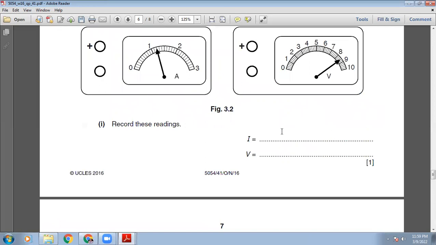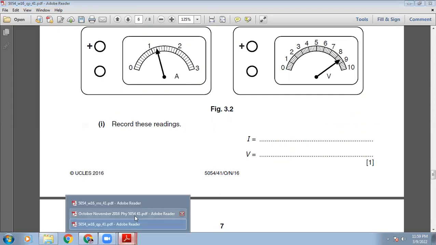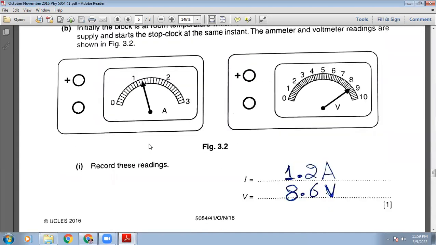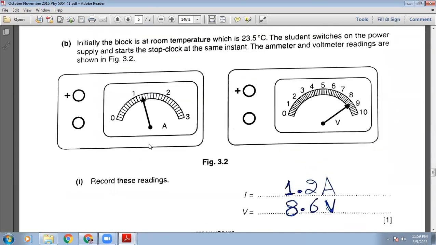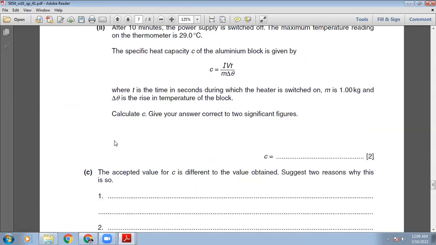So 1.2 ampere and 8.6 volt. Let me show you. You can see I have written these answers, 1.2 ampere and 8.6 volt. Okay, so we are going to the next part.